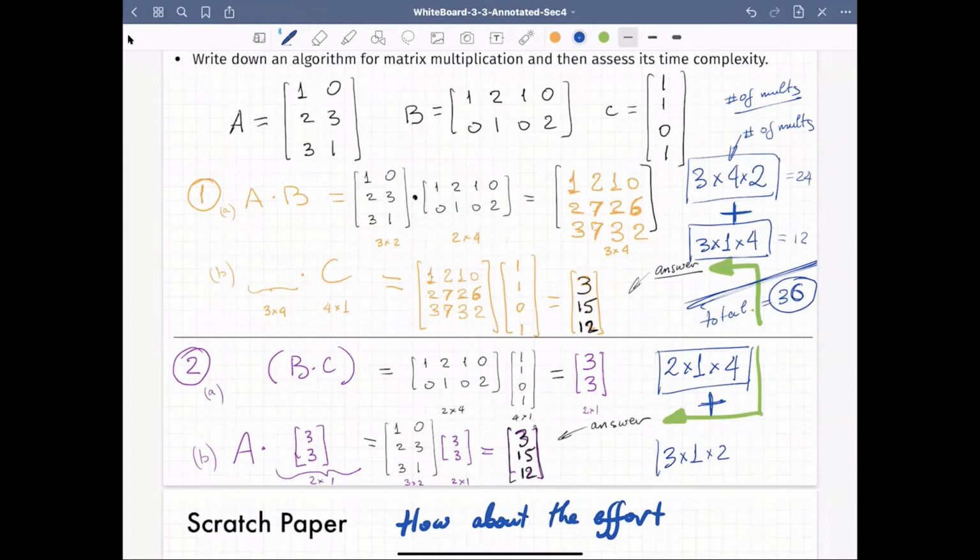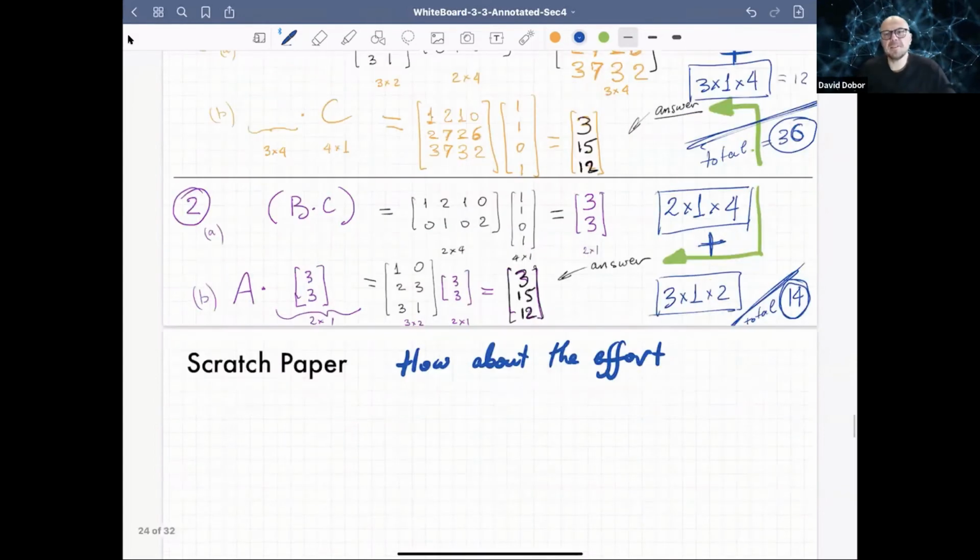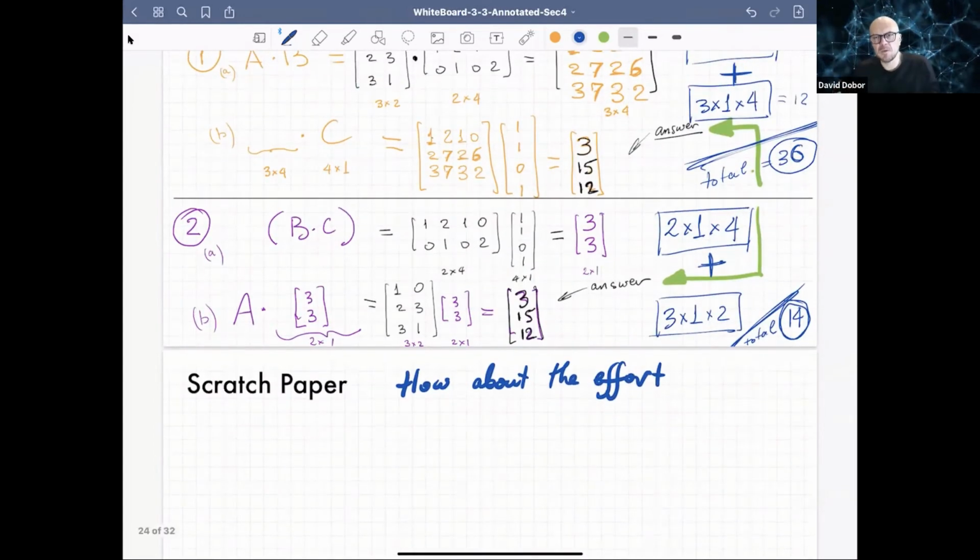Okay. For a total of 8 plus 6, which is 14 multiplications. So the effort, apparently, in these 2 different ways of computing matrices is 36 versus 14.